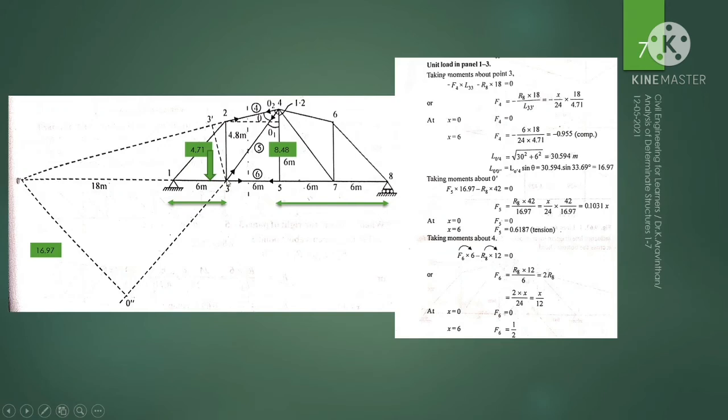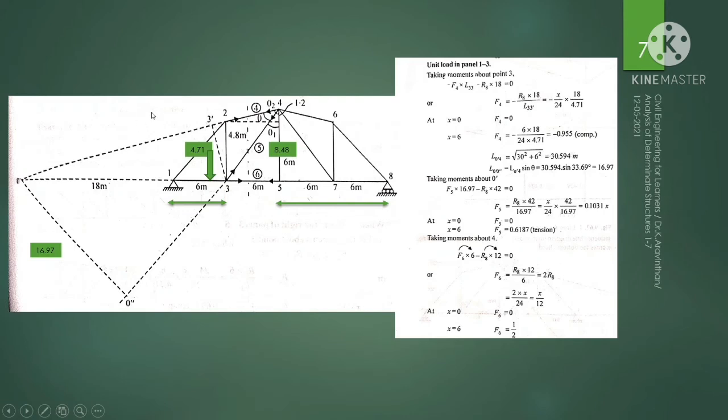So the perpendicular distance can be found: this is the extension of the member 5 and you can find the distance. So this is the perpendicular distance of the F5 member. In order to find this distance, we have used this function. You know the angle theta here, and let us take sin theta as opposite side by hypotenuse.